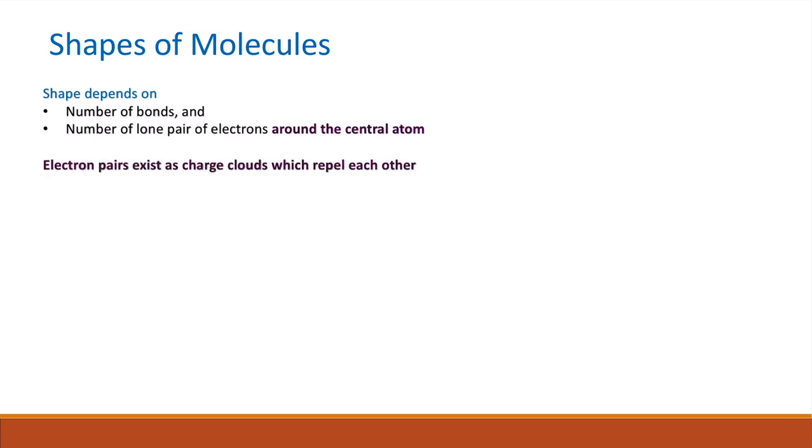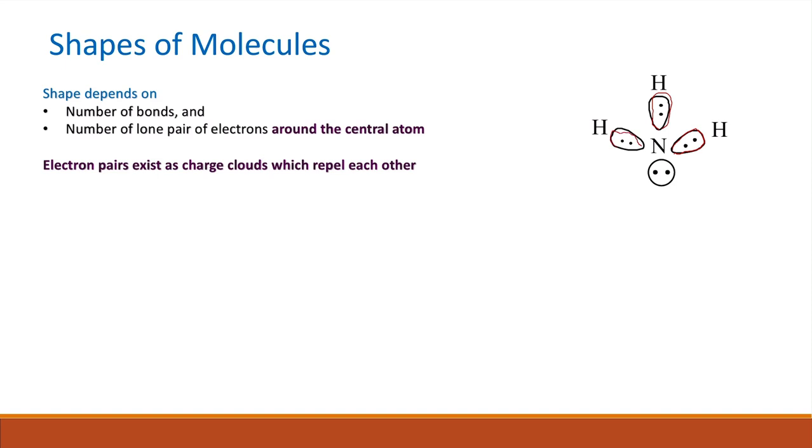The electron pairs around the central atom will act as charged clouds which repel each other. So if you look at this molecule of ammonia, we're going to see that there are four different electron pairs, and these electron pairs represent charged clouds.